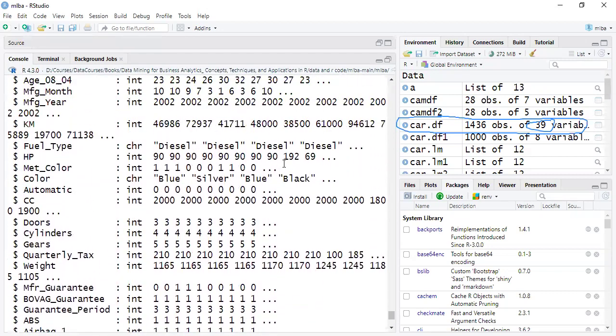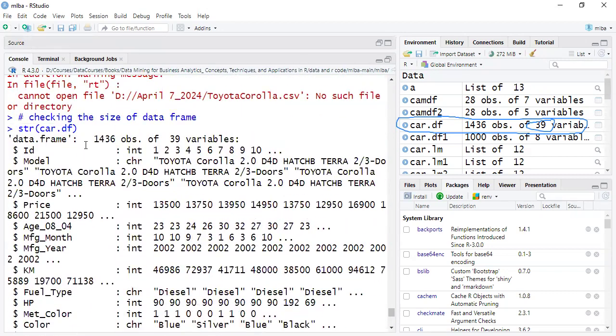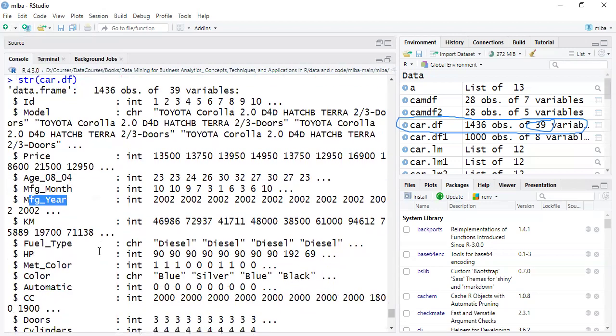This is the structure. I ran the command structure car.df. It mentioned 1436 rows, 39 variables. The first variable is ID, second is model, third one is price, fourth one is age, then month, year, kilometers, metallic.